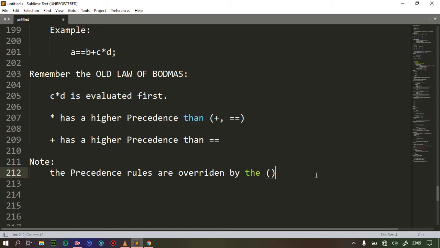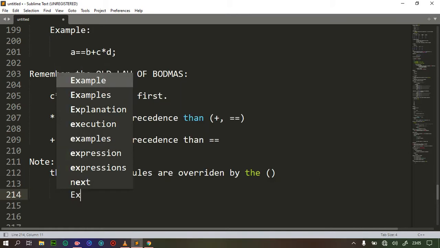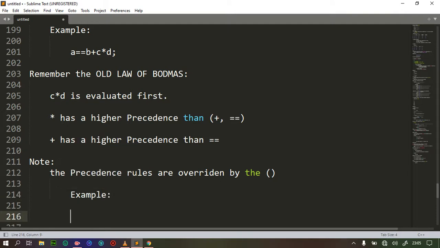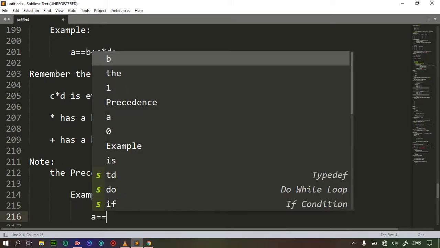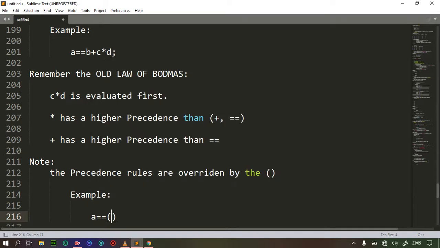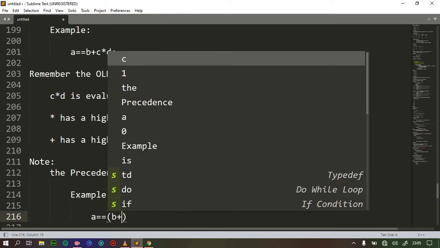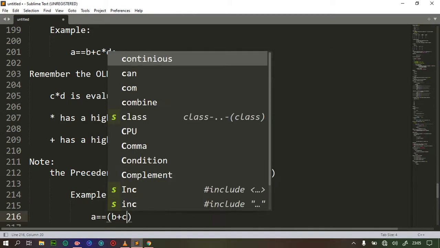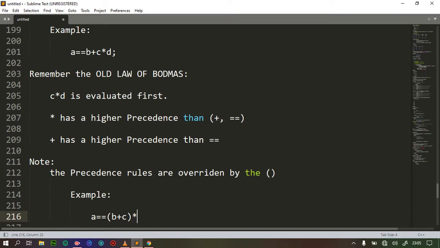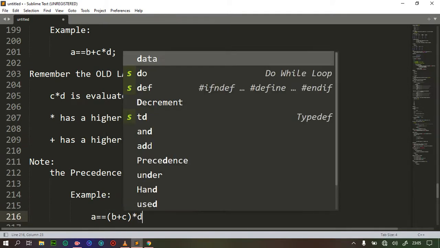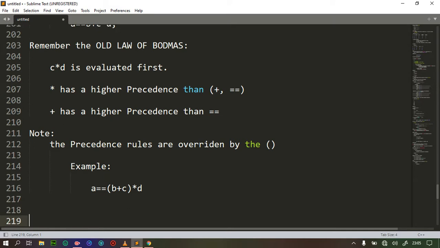Okay. Someone is saying, give me an example. Okay, here is the example. So assume I had A, once again, A is equivalent to B plus C in brackets, then times D. Here the story changes.